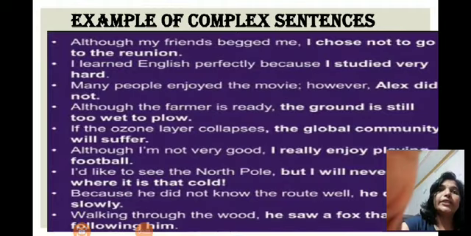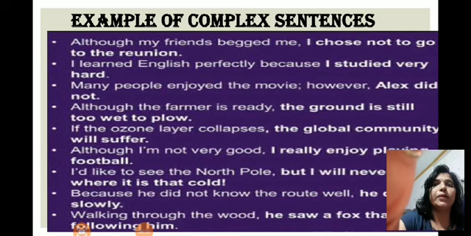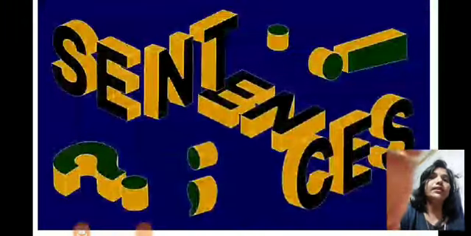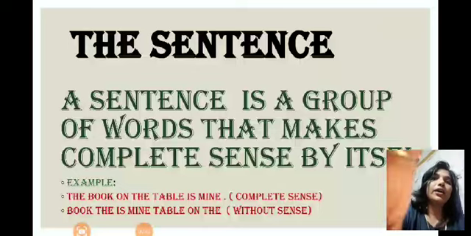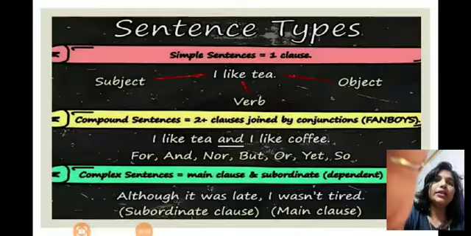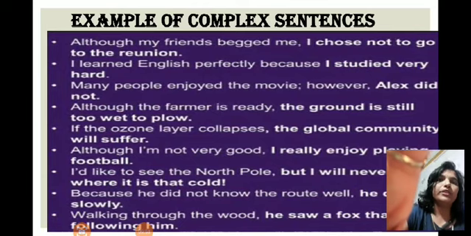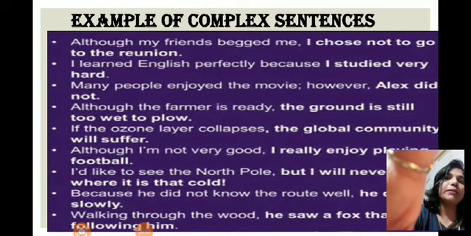Next is the complex sentence. 'Although my friends begged me, I chose not to go to the reunion.' 'I chose not to go to the reunion' is the main clause. The dependent clause is 'Although my friends begged me,' which depends on the main clause.